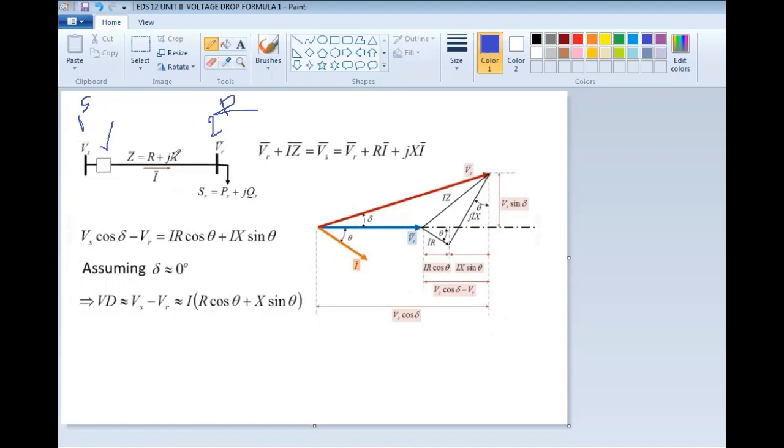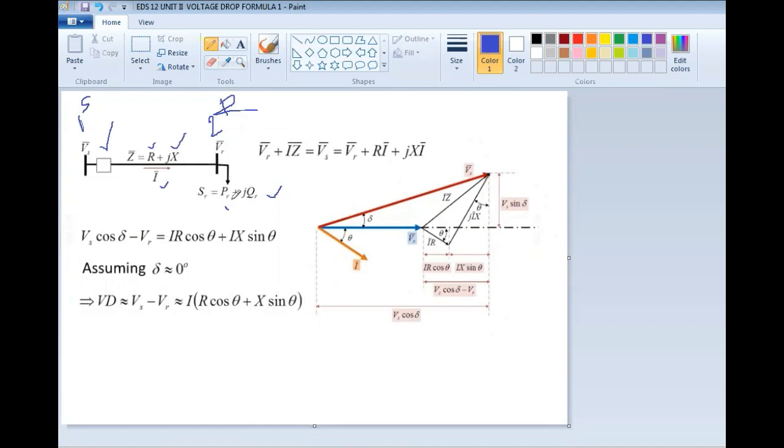As it is a phasor, we have written it as Z bar equal to R plus JX, where R and X are the resistance and reactance of the entire feeder, and I bar is the current flowing through the feeder. SR equal to PR plus JQR is the apparent power drawn by the load connected to the receiving end bus.